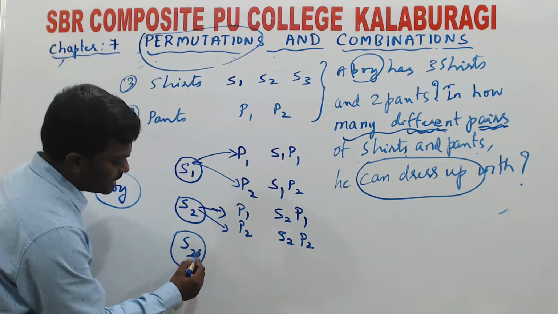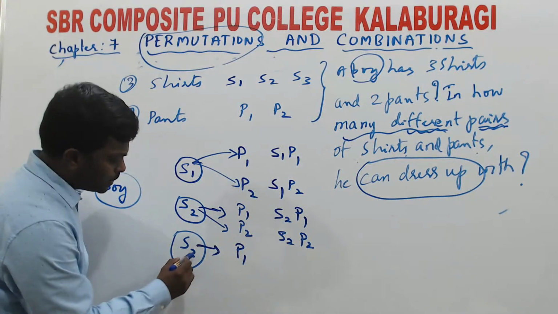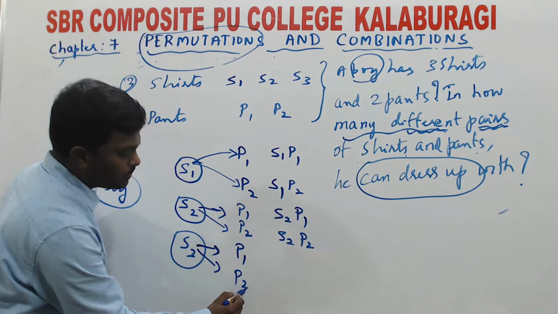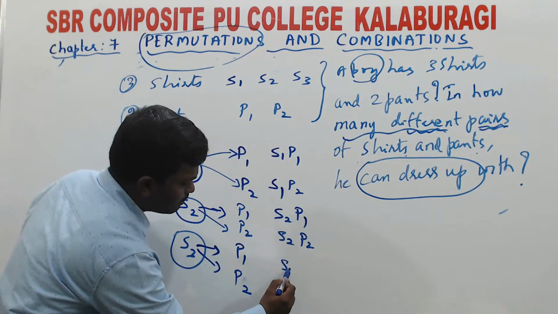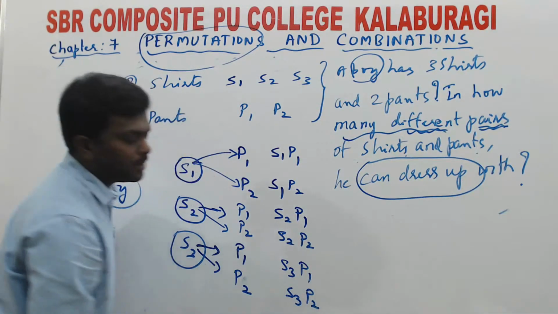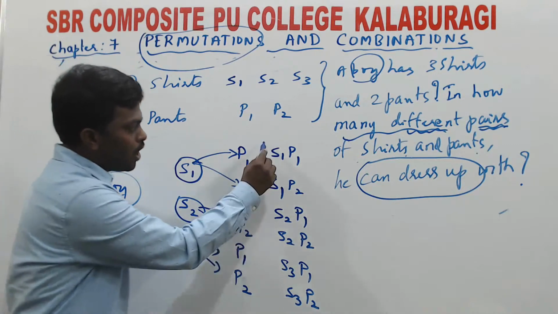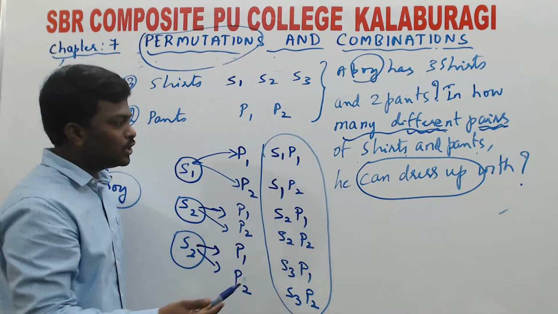So let's suppose he has picked the shirt 3. So he can wear it with pant 1 or he can wear it with pant 2. And that pair will be S3P1 and S3P2. Okay, so now how many different pairs can he use?